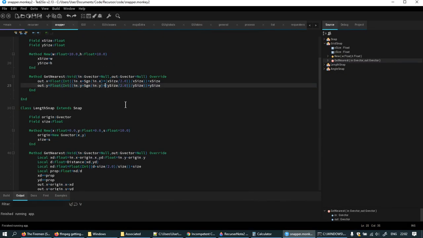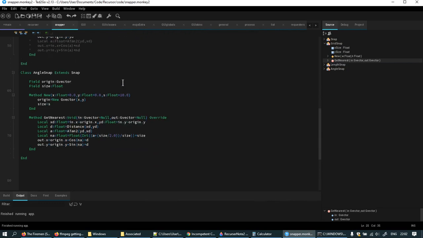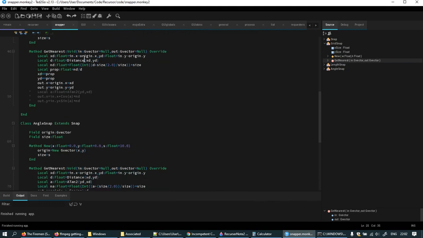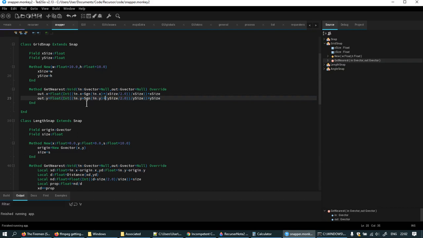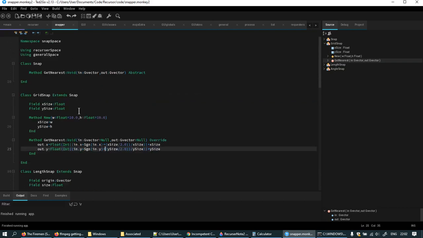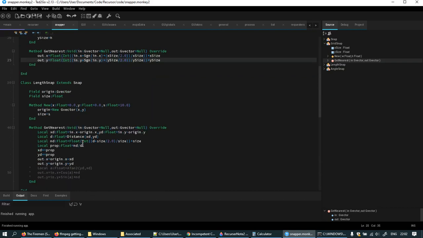Let me have a quick look at these lengths, see if there's anything obvious. X difference is X minus orange X. Y difference is Y minus orange Y. New distance equals float, the int of this.